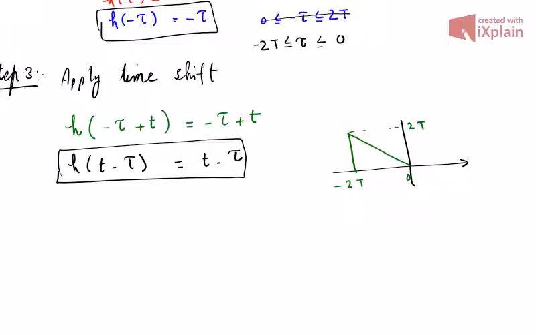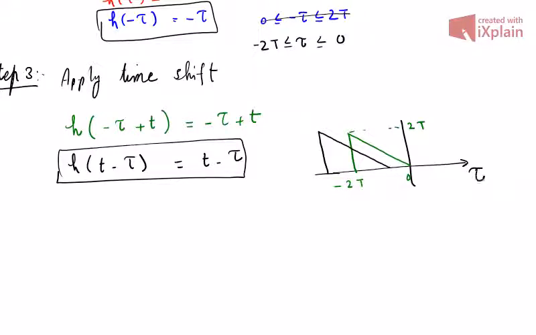Now if this t is negative, what happens to the graph? If t is negative, then h of minus tau moves towards the left side.